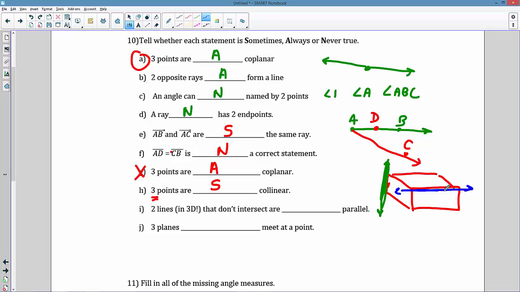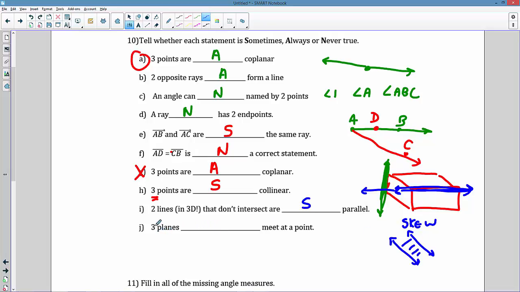If you put these 2 lines or a big piece of string on a box like this, even though it looks like in 2D that they're going to cross each other, they're not, because that green is in the background. So 2 lines that don't intersect are sometimes parallel, because of course those aren't parallel, those are skew. But sometimes they're parallel, as you know, like train tracks. If you made train tracks, the rails themselves are parallel.